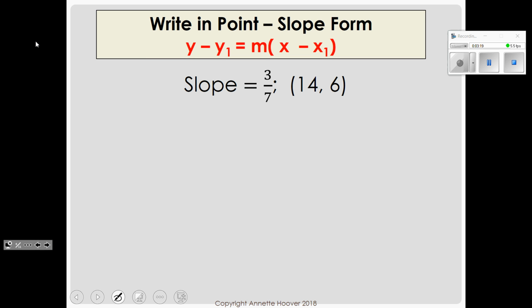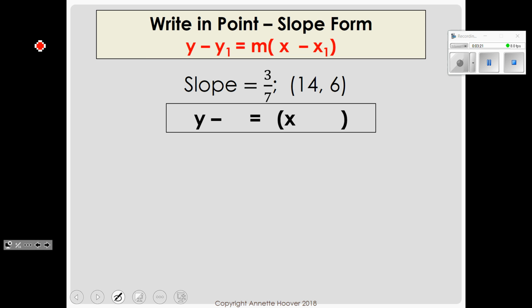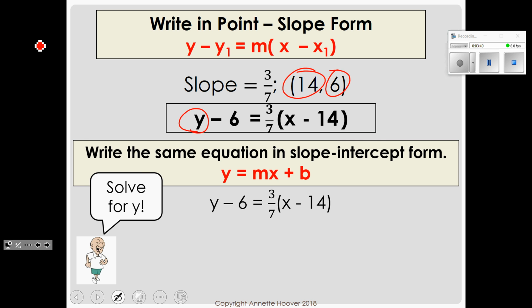Again, let's try this. We're going to plug in numbers into our point-slope form. So that would be y minus 6 equals a slope of 3/7, and then x minus 14. To take it into slope-intercept form, we want to solve for y. So our first step is to do the distributive property.